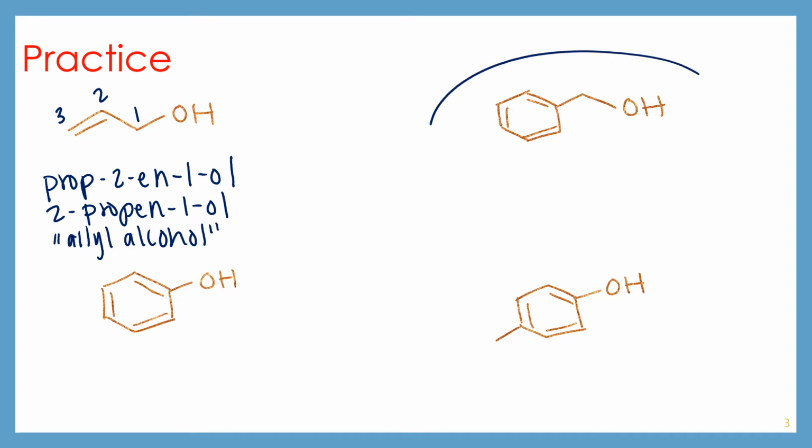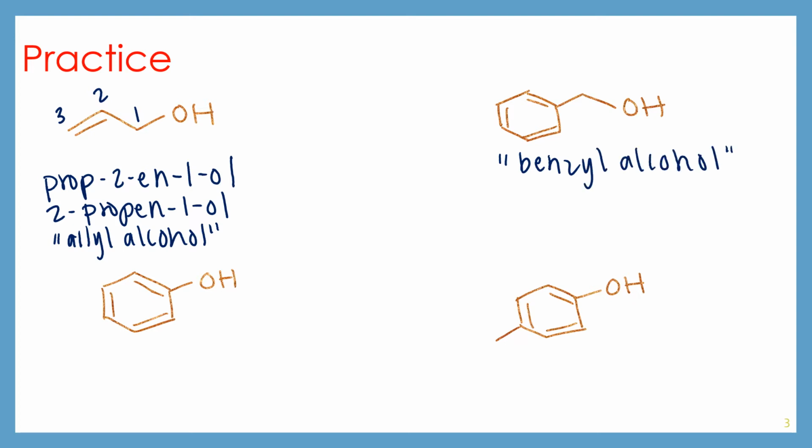So let's take a look at our next example. This one, you might have come up with the common name really quickly. The common name for this one is benzyl alcohol. That one's kind of easy to remember because we know that this is the benzyl group when it has the CH2 in between the benzene ring and whatever else you're talking about, so benzyl alcohol.